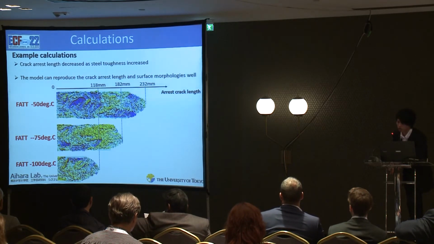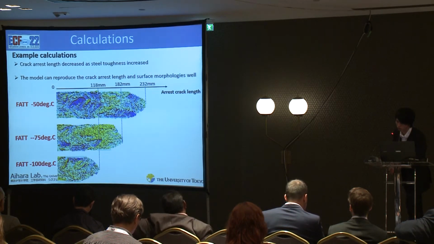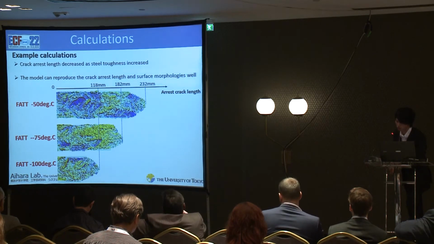We can check that crack arrest length decreased as steel toughness increased. From this result, the model can reproduce actual crack propagation and arrest process together with fracture surface morphologies. So the model has the potential to be used for understanding the relationship between crack arrest toughness and fracture surface.